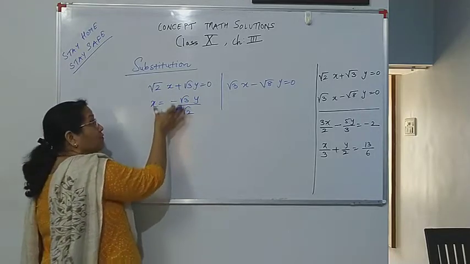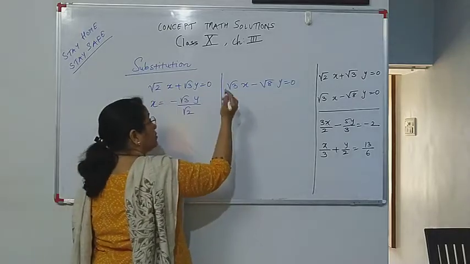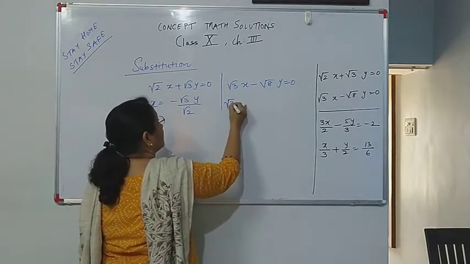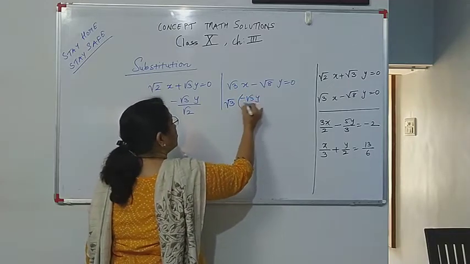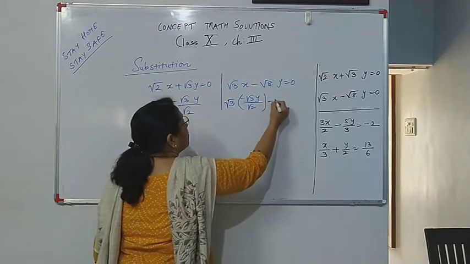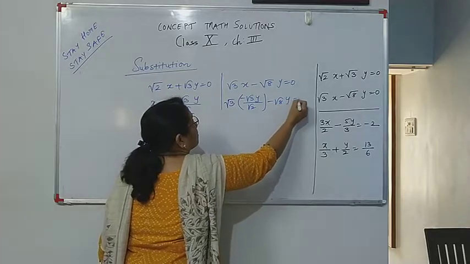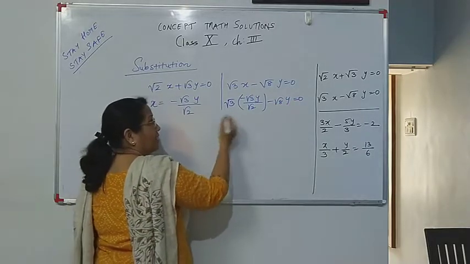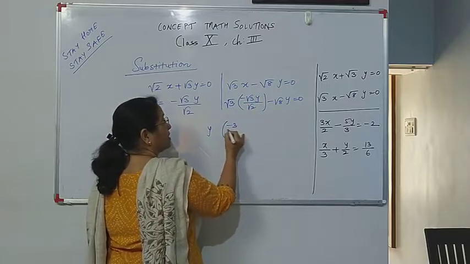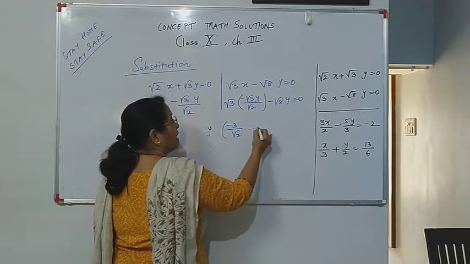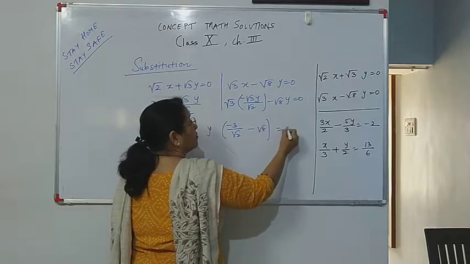This x from this equation I substitute in this. So root 3 x is minus root 3y by root 2 minus root 8y equal to 0. Now I can take y common. Root 3 into root 3 is 3. So minus 3 by root 2 minus root 8 equal to 0.